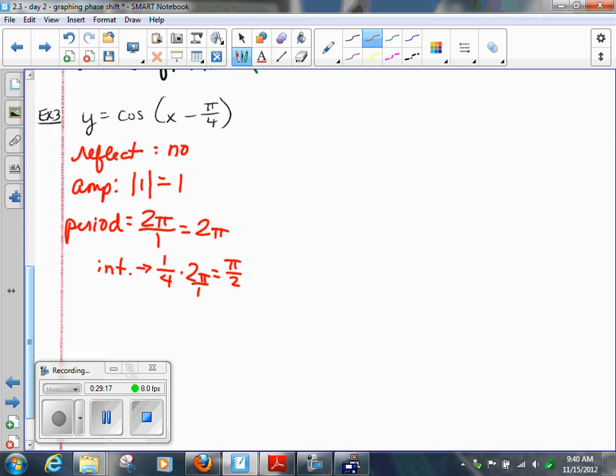Let's take care of the phase shift. Phase shift. Which way is this thing moving? It's going to move to the right this time. This right here. Yep, and that's what it says in the very first part of your notes. Okay? It's going to go in the opposite direction of what you think. Why is that?